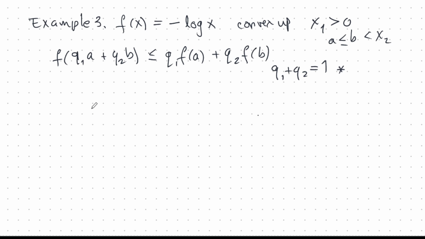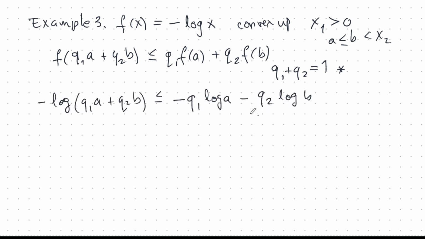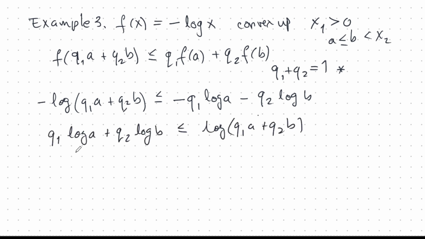Now plug in minus log x. We get this. Now, if we're going to get rid of the negative signs, we have to flip the inequality around. And we get that. Now, this part can be combined very nicely like this. Watch. q1 log a plus q2 log b less than or equal to the same thing.